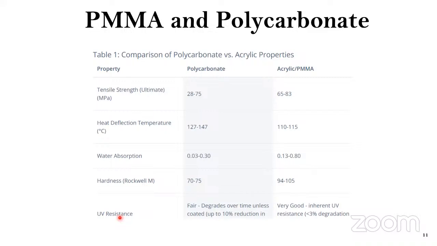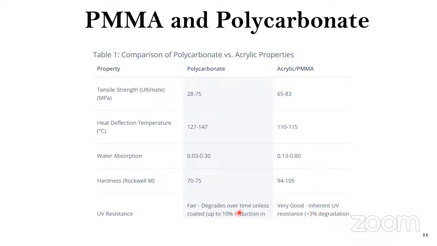But when we come across UV resistance, polycarbonate, as we came across just 5 to 10 minutes before, has a very poor resistance towards UV. If we compare that with PMMA, they have a very good, inherent UV resistance, where there is only a chance that 3% can be degraded by UV.